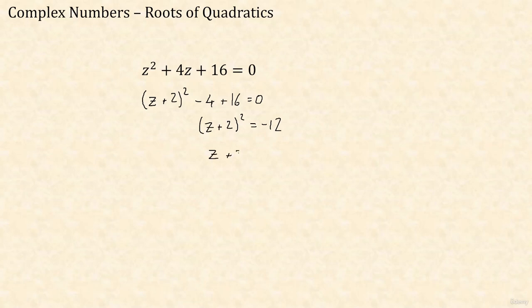Then z plus 2 is going to be the square root of 12 times i. Well, the square root of 12 is 2 root 3, so I've got plus or minus 2 root 3i, which means that z is negative 2 plus or minus 2 root 3i. And these are the two complex roots of that quadratic.